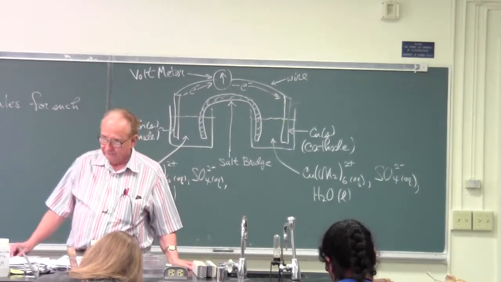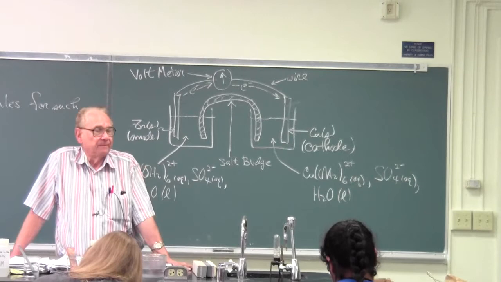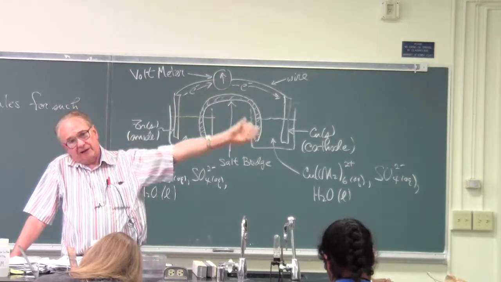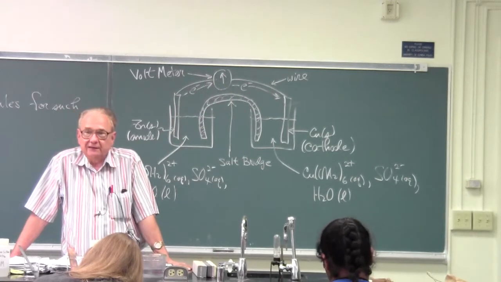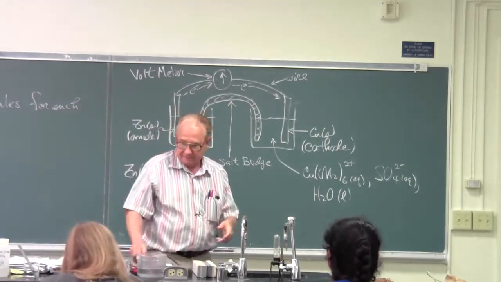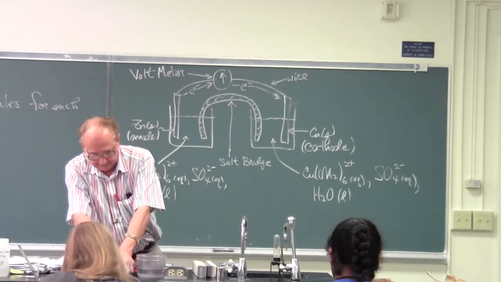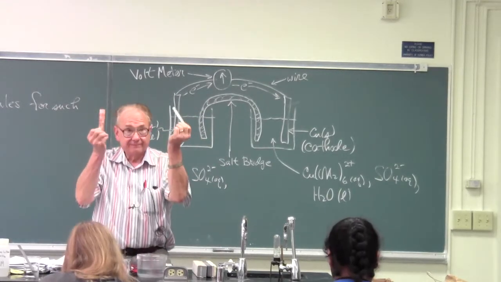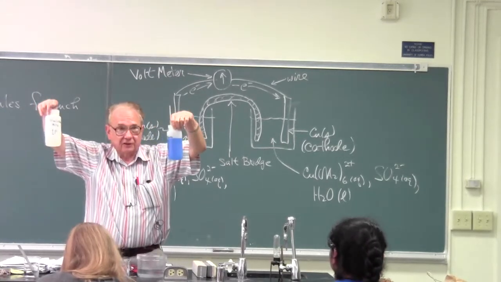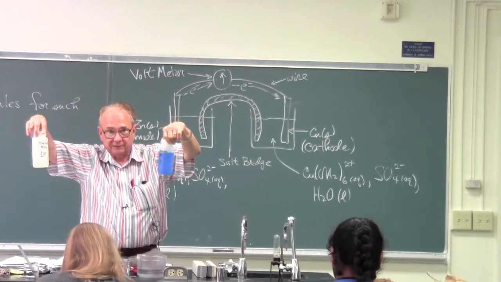Now, back to first principles. Let's imagine you are assigned the task. This is what you started to talk about on Friday. You're assigned the task of using copper and zinc. That's it. Copper, zinc, and zinc sulfate solution, copper sulfate solution.